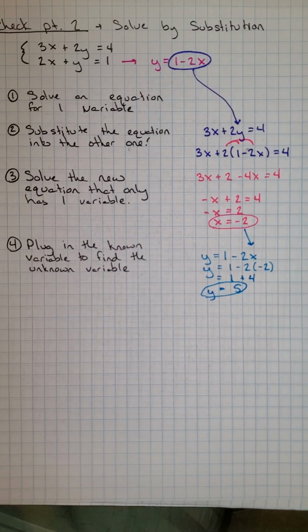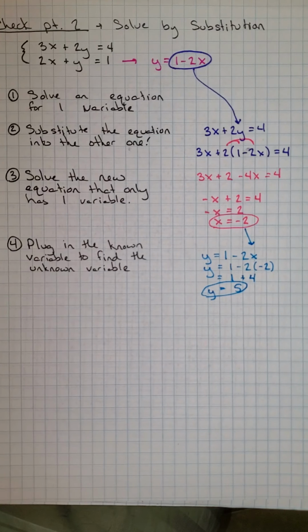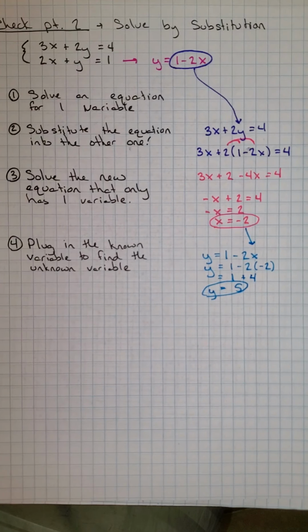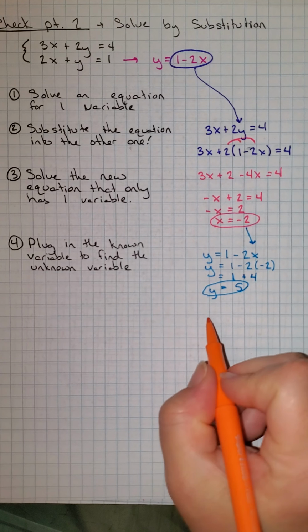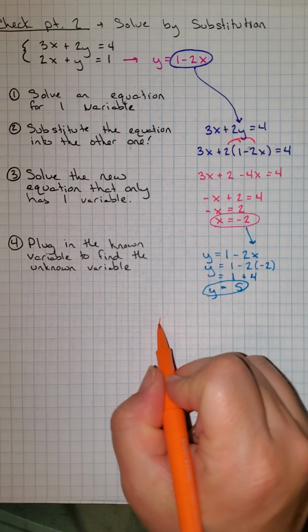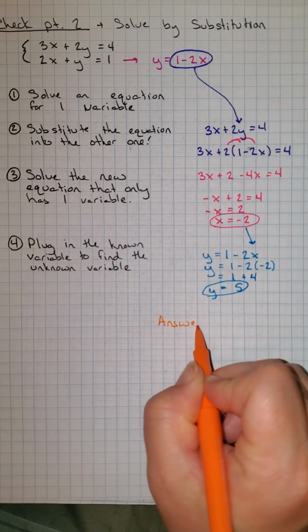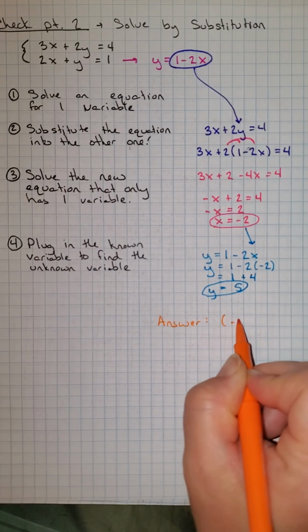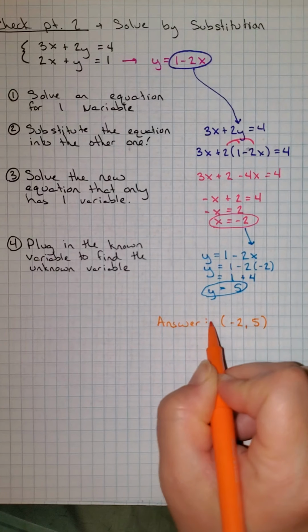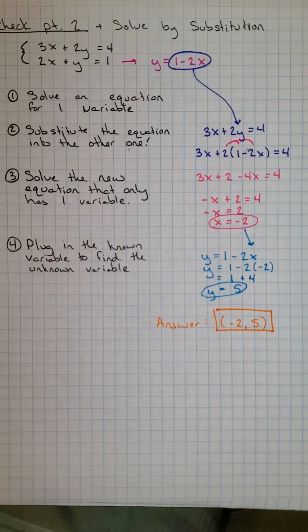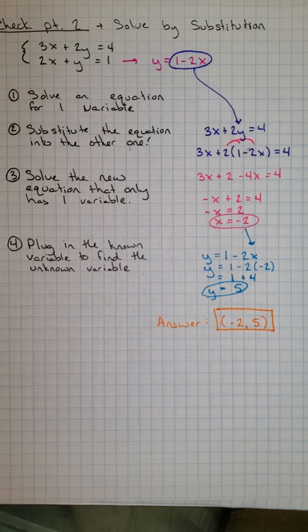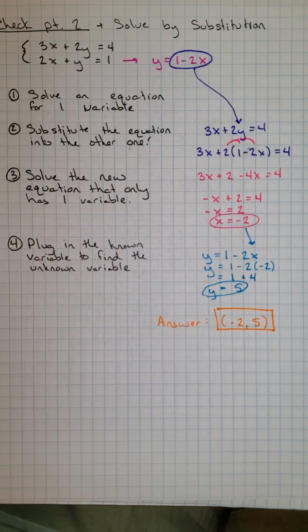So now we have x equals negative 2, and we have y equals 5. And you could check this the way that we did in checkpoint 1. I'm not going to, but the answer, written as a coordinate point, is negative 2, 5. And that's solving by substitution.